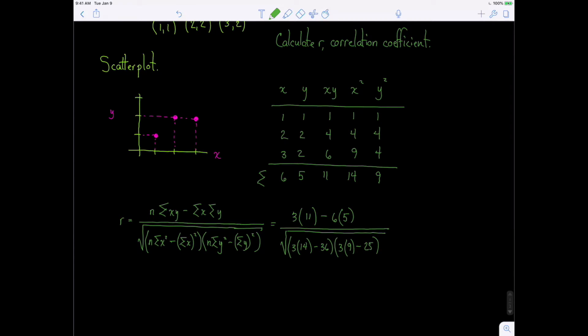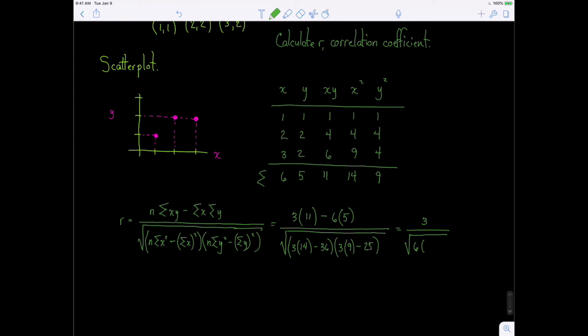All right. If you simplify this, it looks like a 33 minus a 30, so we have a 3 in the numerator. And then in the denominator, we have the square root of 42 minus 36. Well, that's just 6.